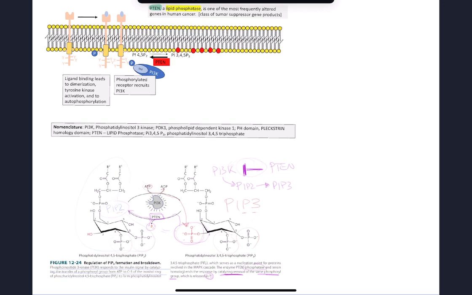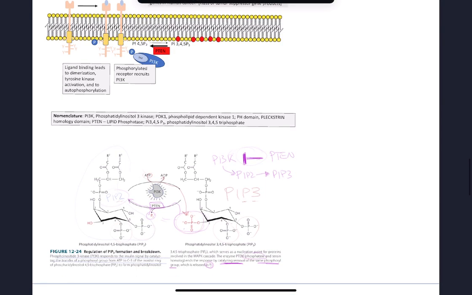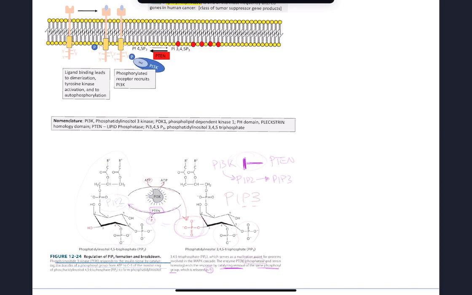Okay, so we talked about how PI3K, let's look down here, PI3K responds to the insulin signal, or any signal for that matter, by catalyzing the transfer of a phosphoryl group from ATP to the inositol ring. Okay. Good. So that's what we're seeing here. We're seeing our PI3K here, which was that first kinase that we talked about. Here's our PIP2. That's this whole thing.